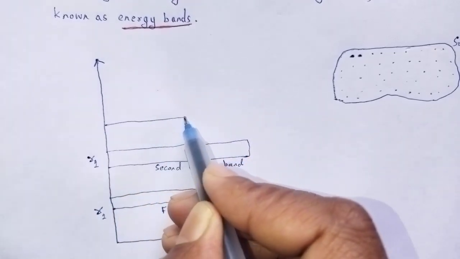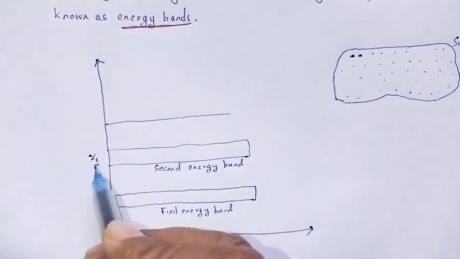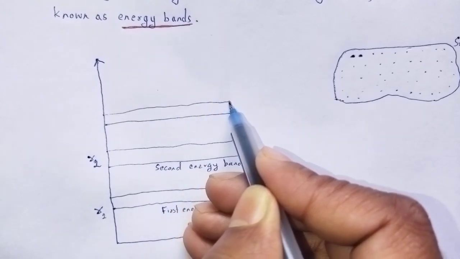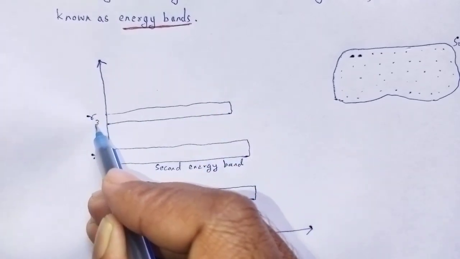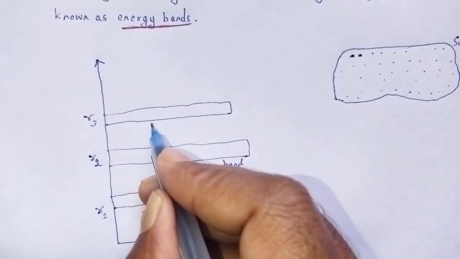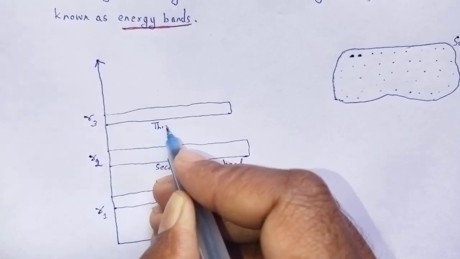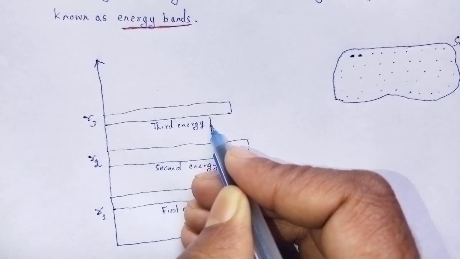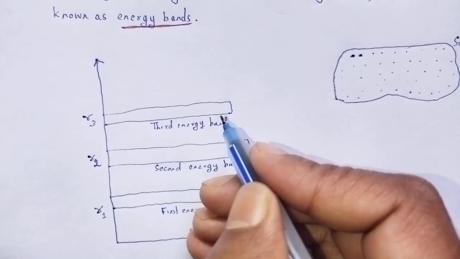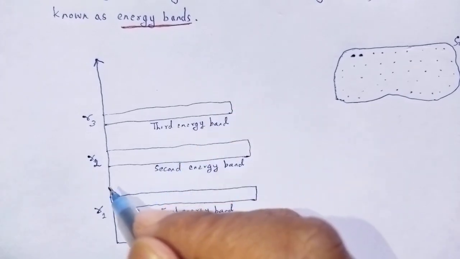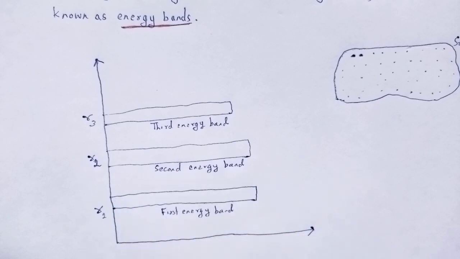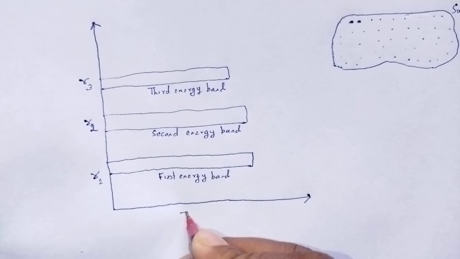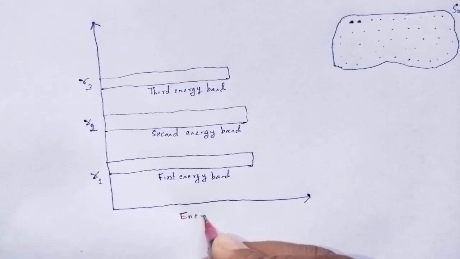Similarly, at radius r3, it will be the third energy band, and so on. This one is the energy band diagram.